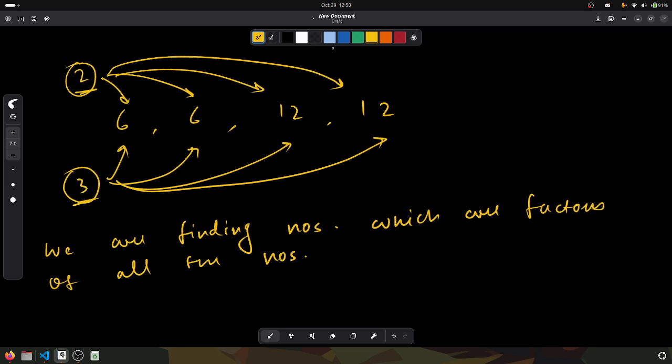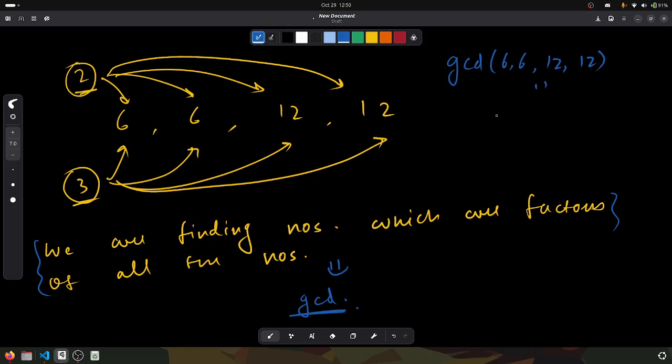This is a well-known thing, finding numbers which are factors of all the numbers. This is nothing but GCD. It is very close to actually calculating the GCD of all the numbers. Let's take the GCD of 6, 6, 12, 12, and we get 6, and 6 has the factors 2, 3, and it does not have the factor 5.